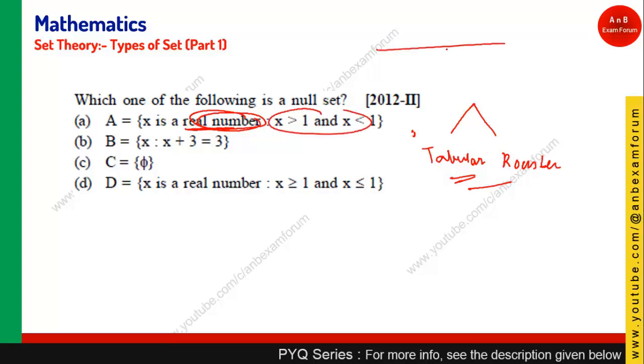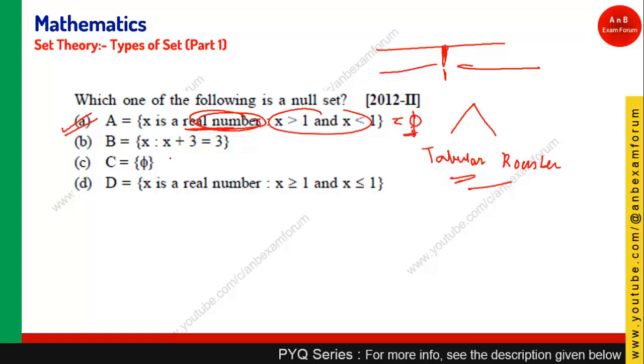You can think like that, these are less than 1, these are greater than 1. So there is no real number which exists between them, right? So this is basically your null set. There is no element which satisfies this condition, therefore it is a null set. So option A should be the correct answer.